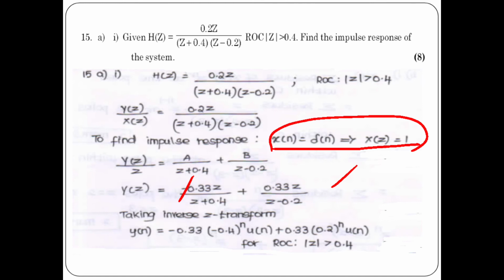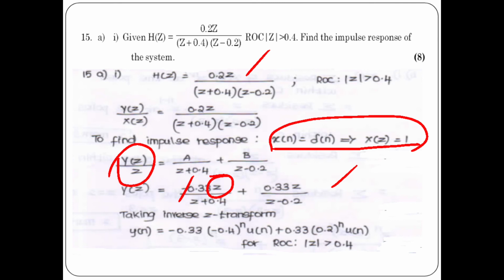So z by z plus 0.4. So where will this z come from? The z is given in the problem. I have taken z on the numerator side so that we can take the inverse z transform in an easy manner. At the last, after finding the values of A and B, I have cross multiplied this z as usual to the two terms.